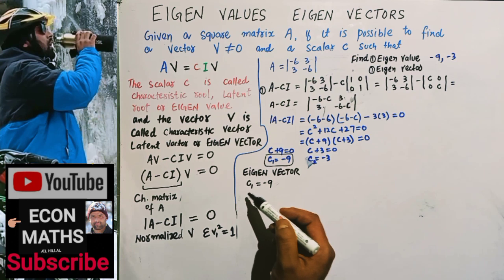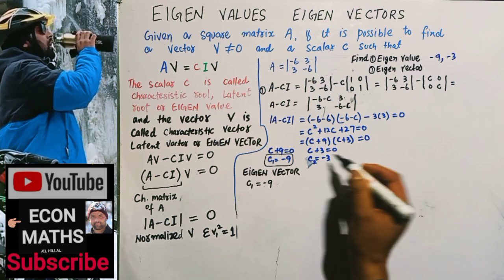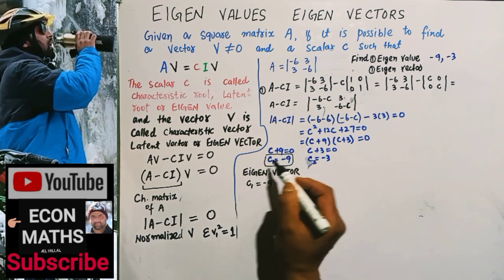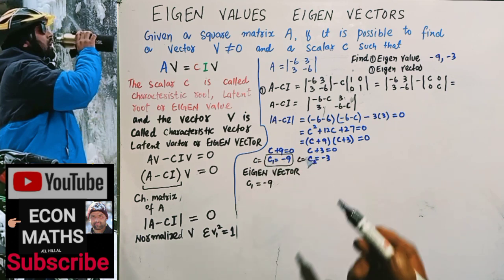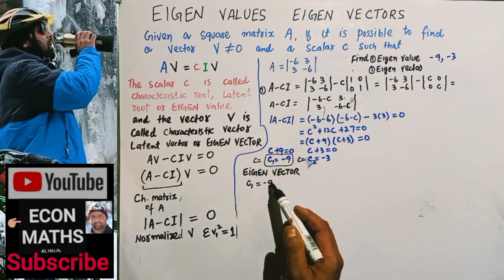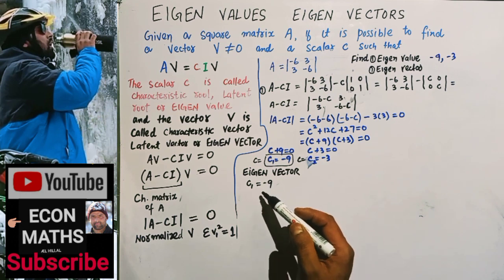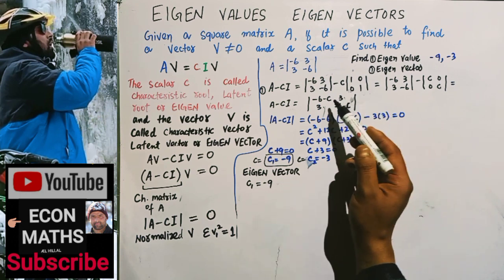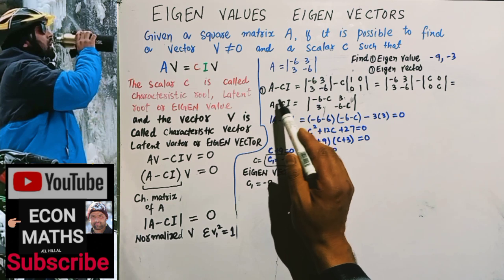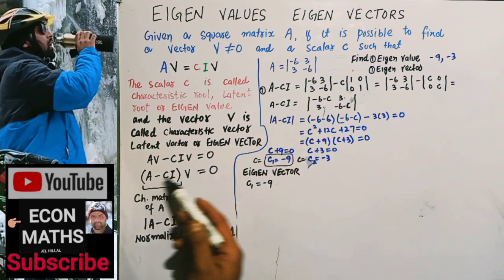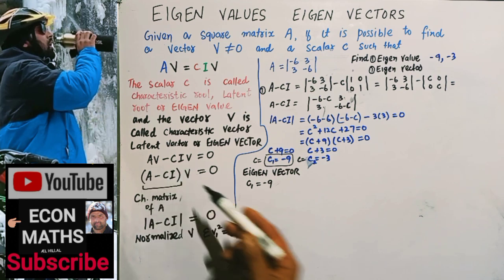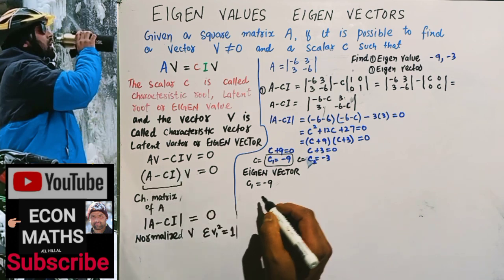Put the value of C1, minus 9, in this relationship. Let me write it here. What is the relationship?